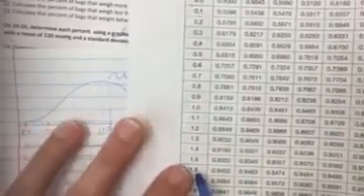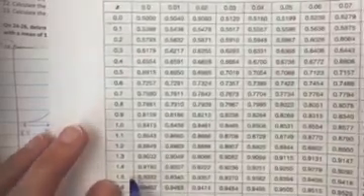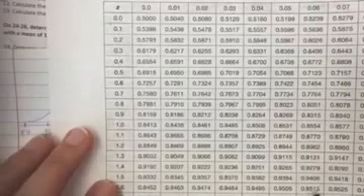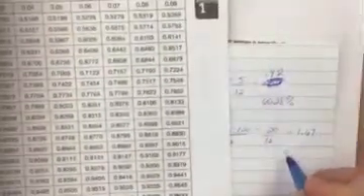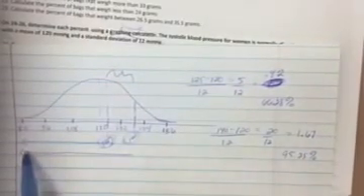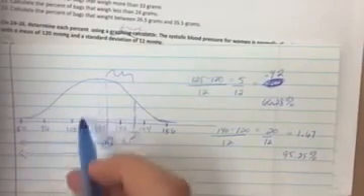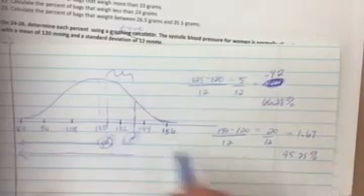So we go down to our chart to 1.6. You can hardly see this, but you go all the way over from 1.6 to 1.67, right down here. So 0.9525, 95.25%. So 95.25% fall below 140. So from here to here, 66.28, from here to here, 95.25.